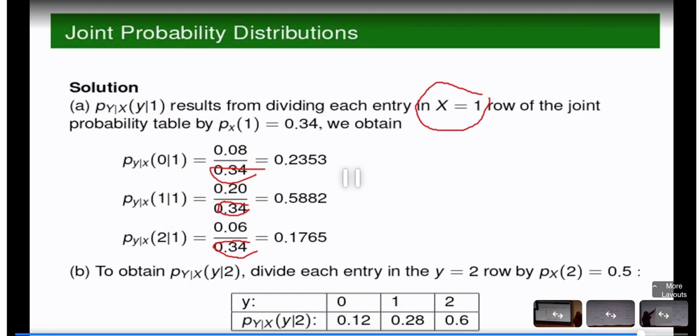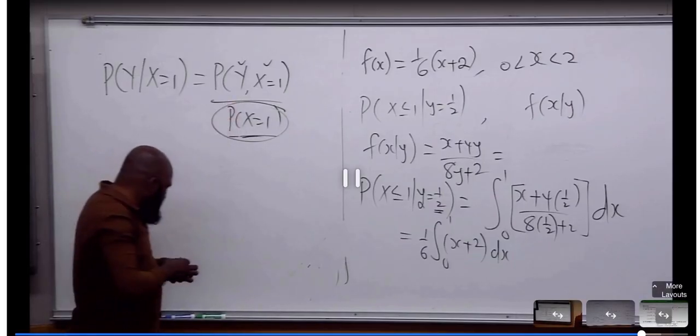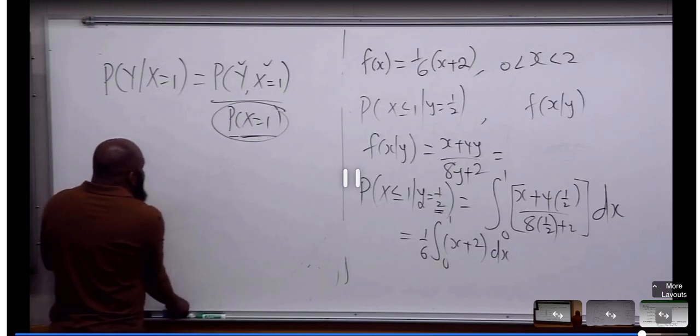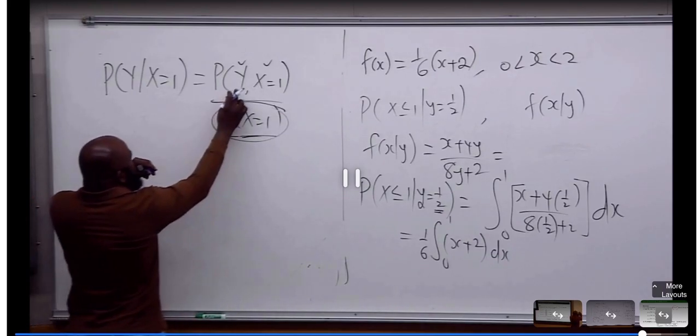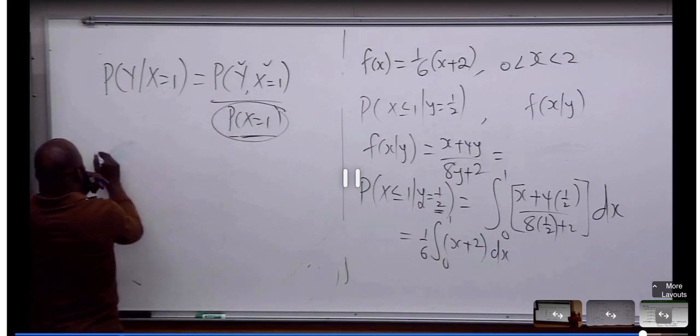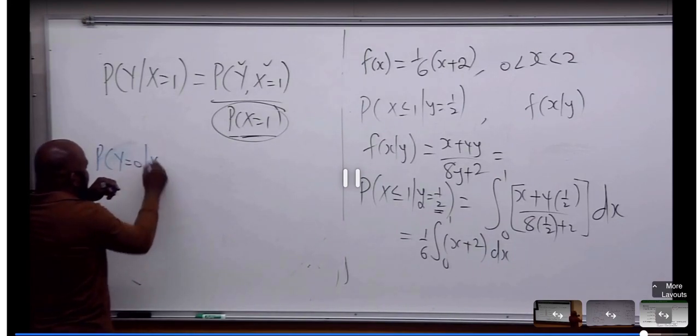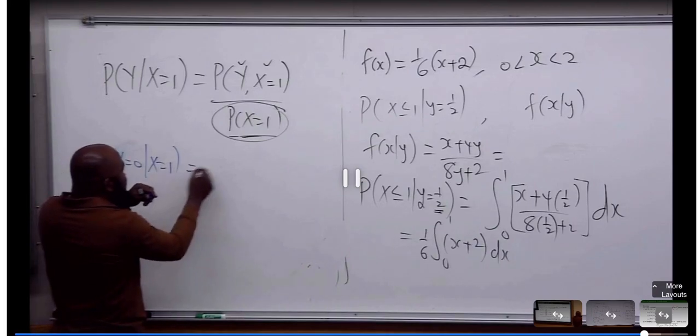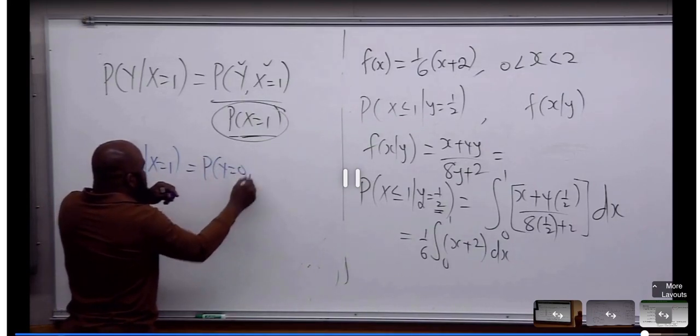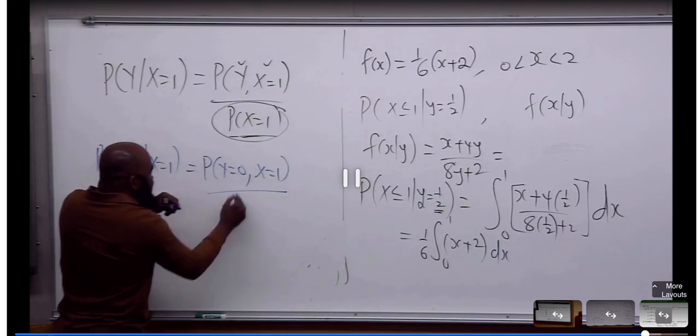Now you're calculating this, but you're going to get different values for the numerators. When y equals 0, given x equals 1, you need to find y equals 0, x equals 1 divided by this.